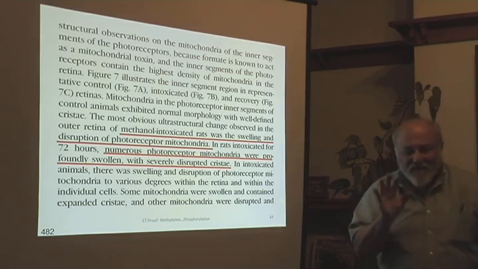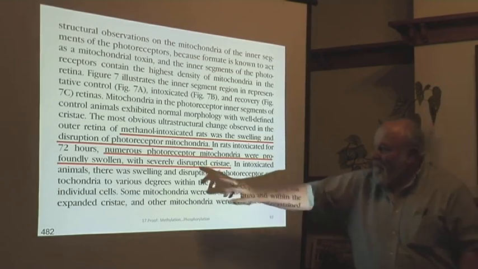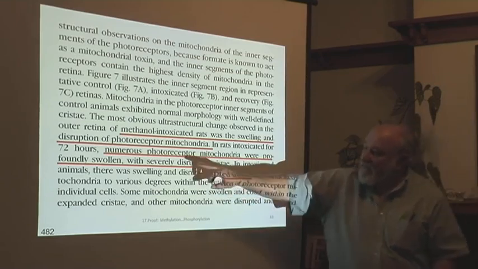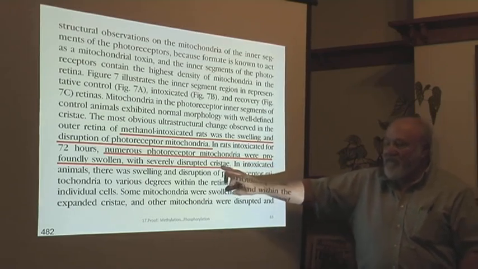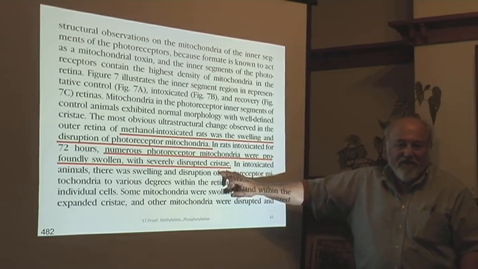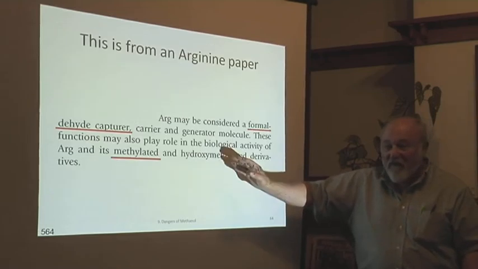So it's a little tricky there. But anyway, it shows that numerous photoreceptor mitochondria were found swollen and extremely disrupted, because the mitochondria in the eyes of these animals were destroyed.